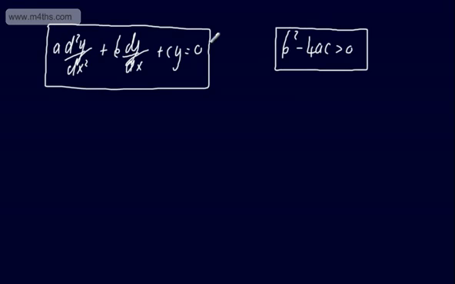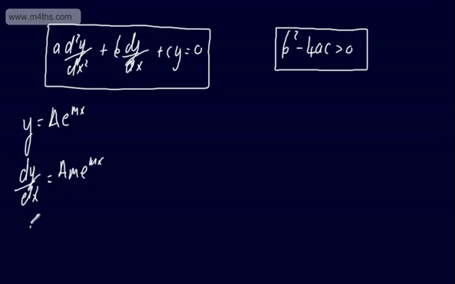If we consider a solution to this differential equation to be in the form y is equal to a e to the mx, if we take the derivative dy by dx, we will have a m e to the mx. The second derivative d2y by dx squared will be equal to a m squared e to the mx.